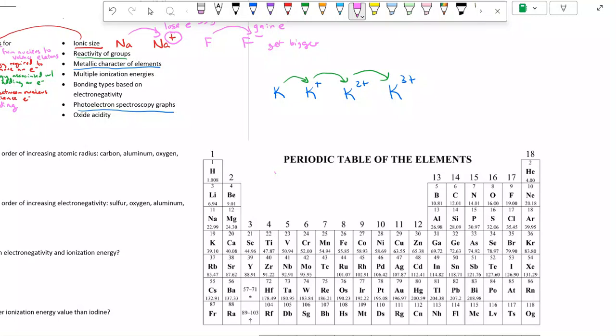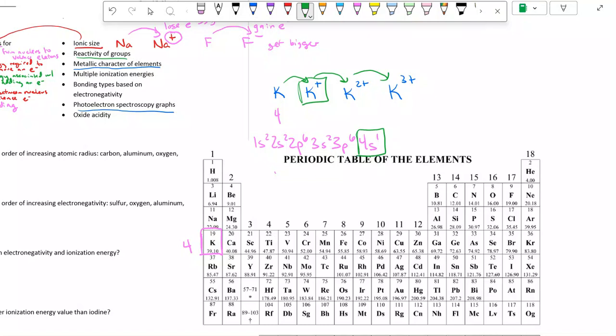Okay, and so if you look at potassium, potassium itself has 4 energy levels and 19 electrons. And so its electron configuration is this. The first ionization energy to become K plus is going to take away the first outside electron.